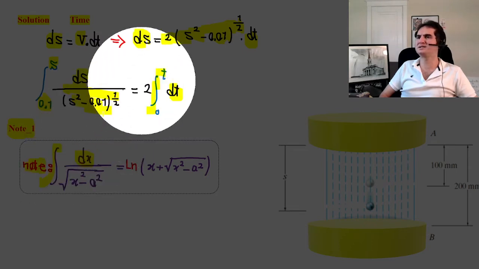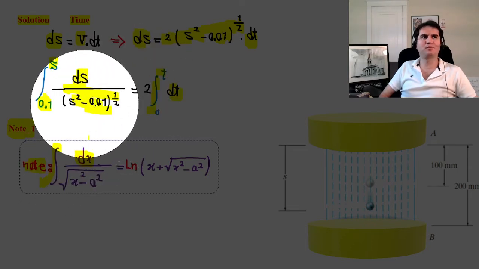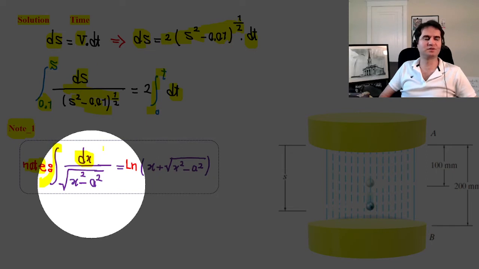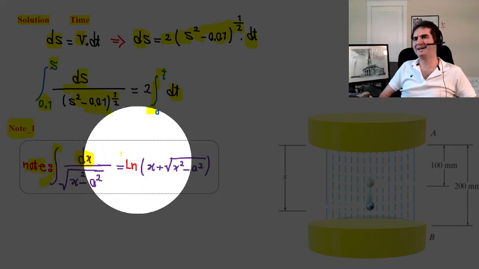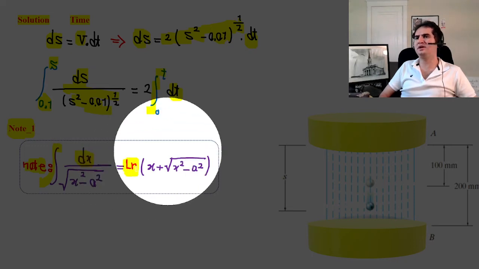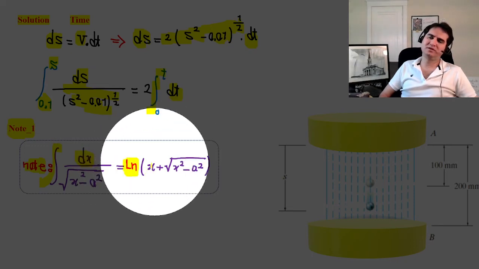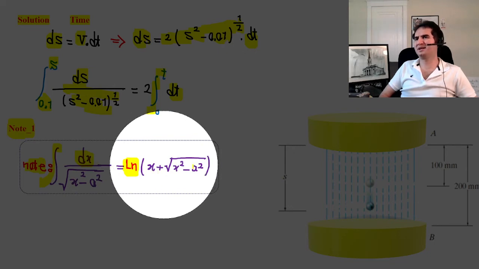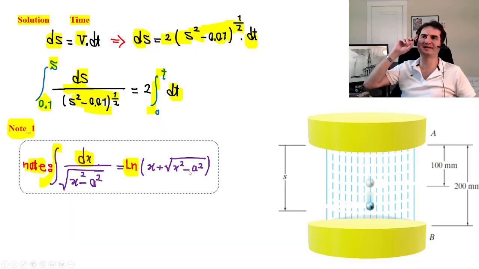Minus a constant, which is this part, 0.1 squared, which is 0.01. And that's a natural logarithm of x plus the square root of x squared minus a squared.